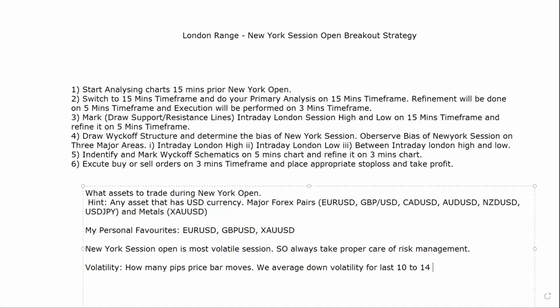So what's the average volatility? Volatility is basically a change in price movement. It's fluctuation, but it also shows you how many pips the price bar moves. A large range bar has large volatility.